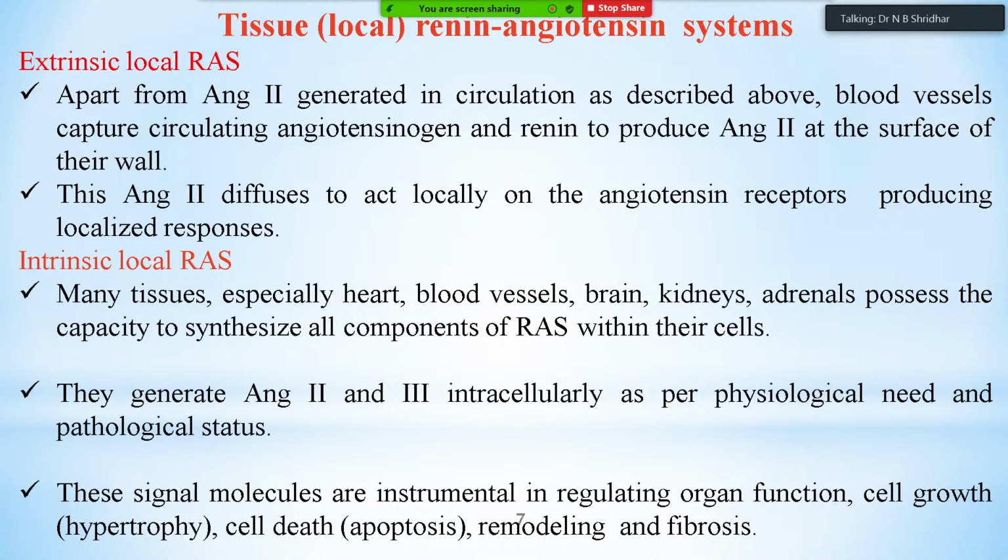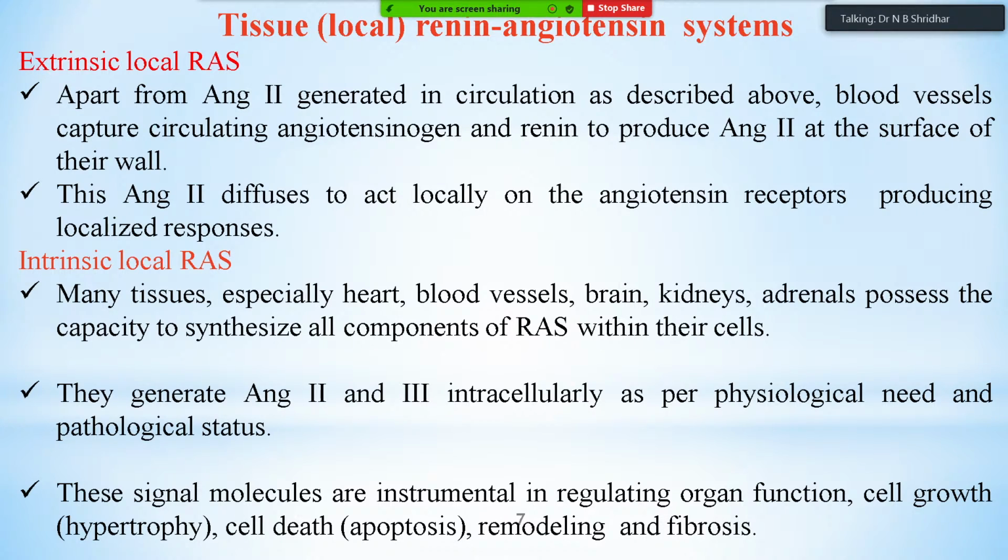So the intrinsic local RAS is mainly in a variety of tissues; especially the heart, blood vessels, brain, kidneys, and adrenals possess the capacity to synthesize all components of the renin-angiotensin system.